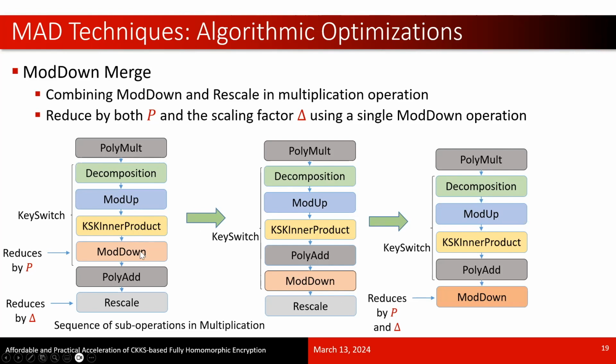That is what is done by the polyadd. It's just part of the homomorphic multiplication operation. It's not related to key switch.